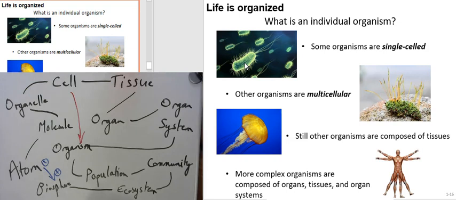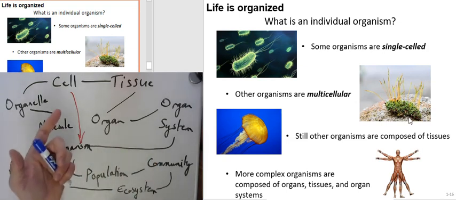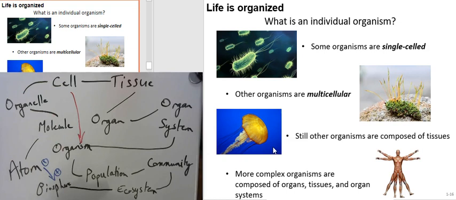Some organisms are multicellular, but they still don't have organs, like that mold here, where you see the sexual reproductive parts coming out and the non-sexual reproductive part here. That doesn't have an organ system, but it's still an organism. You have really weird organisms that are composed of tissues, so they don't have an organ system, it's only a bunch of tissues, the jellyfish being a really good example.